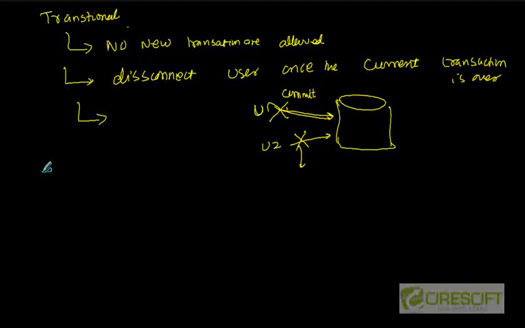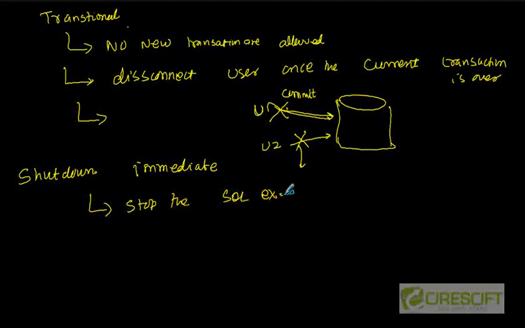The next one is called shutdown immediate. In this case, whatever current SQL statement is being processed, the Oracle server is not going to complete it. For example, if user 1 is doing some SQL, it will stop the SQL execution. It may be in the middle of a transaction, but in that case the transaction will be rolled back.